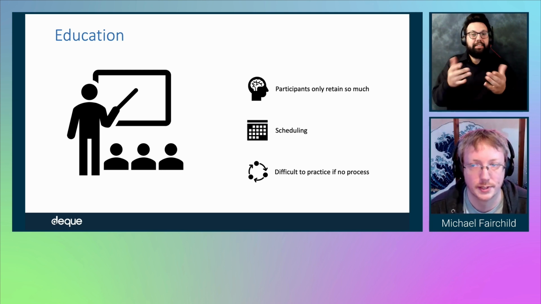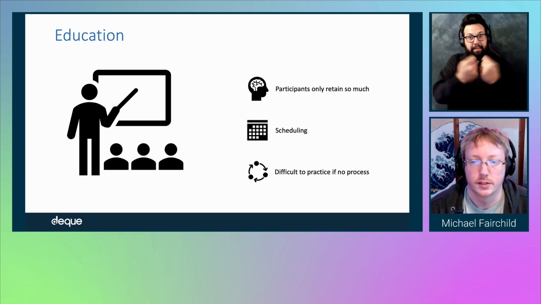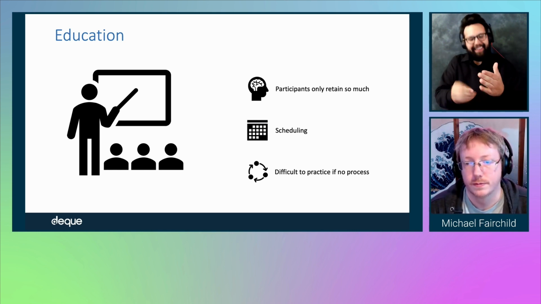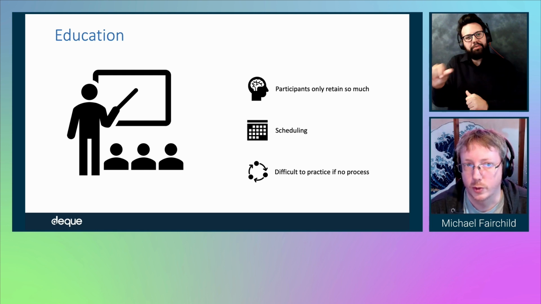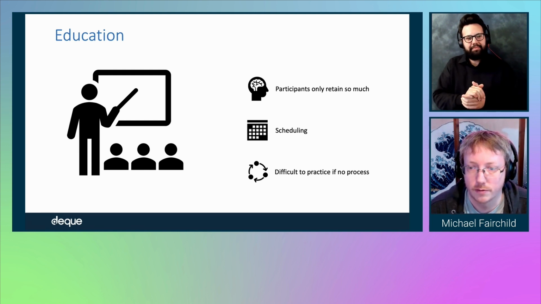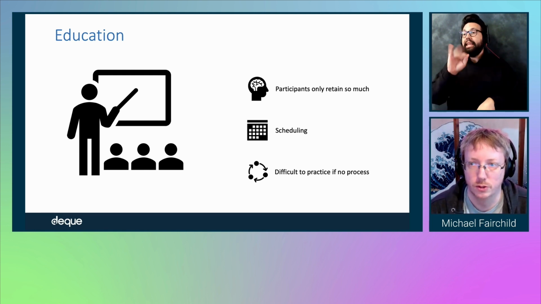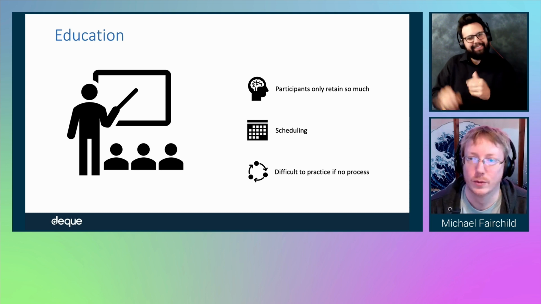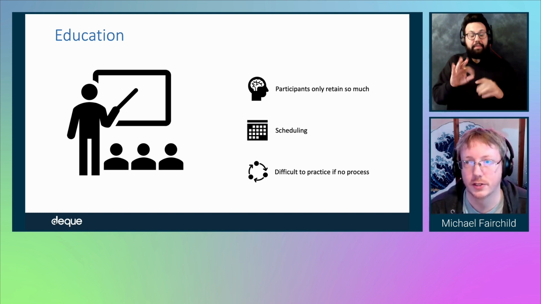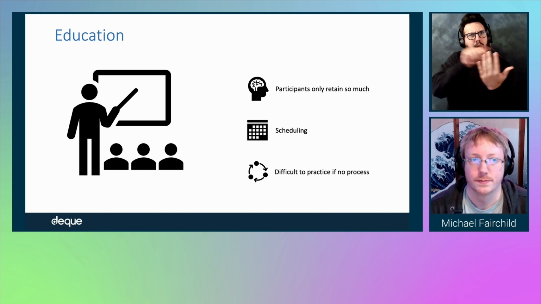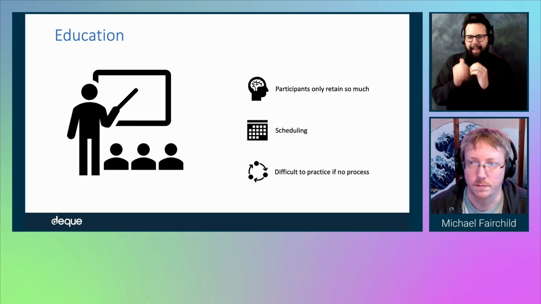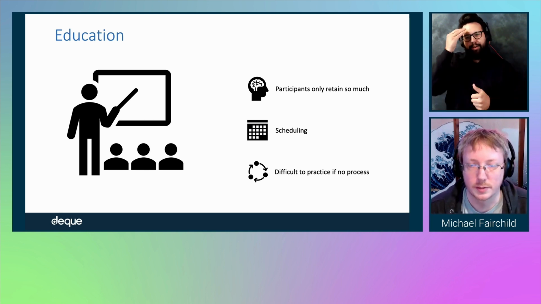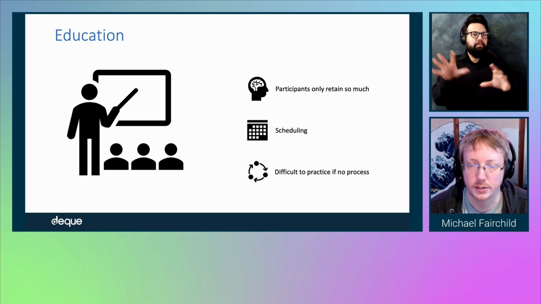It's also difficult to practice what you learned if there's no process to prompt you to practice it, right? And it's going to be hard to retain what you learned if you don't practice it. So education is definitely a fundamental aspect of getting accessibility right, but it's not the entire answer.